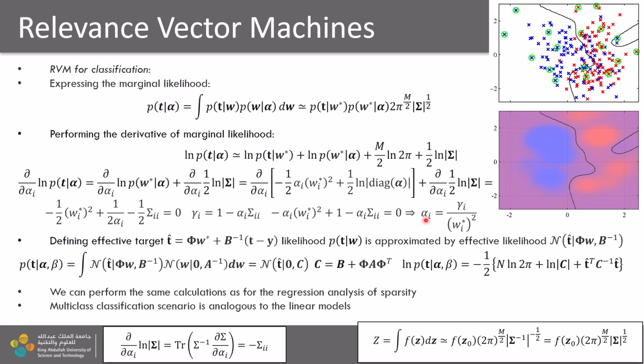Another approach can be that we approximate our likelihood function here, this one, with a formulation with an effective target t hat. So our target t is replaced by this linear transformation, or linear approximation, to better say, of the t hat.